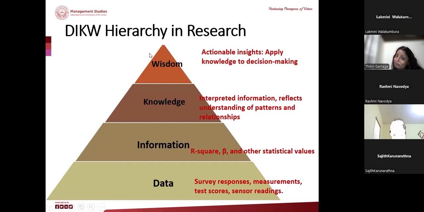However, knowledge and wisdom will be reflected in the way that you present your findings and also the way that you discuss your findings in relation to the theoretical framework that you have used in your study. Or how you try to interpret your findings by comparing them with the previous work.